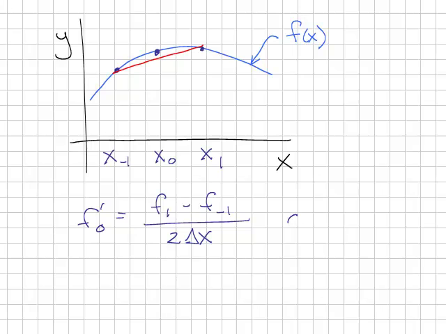This is called the central difference. The central difference is the preferred derivative to use if you have the option of doing it, because it's more accurate. Again, you could go back and look at the Taylor series expansion and see where this comes from to verify that indeed it's a more accurate first derivative.